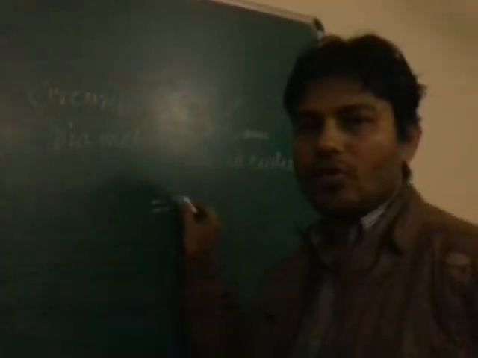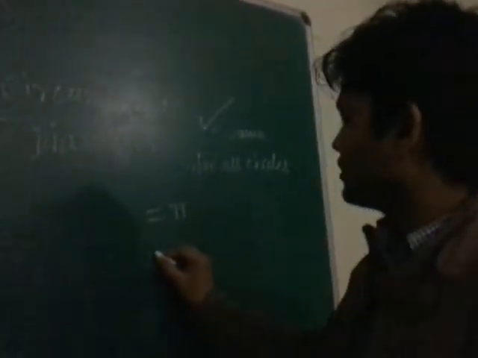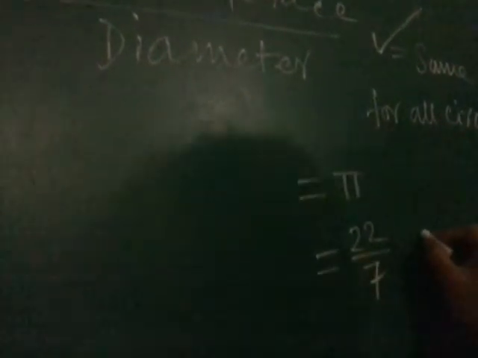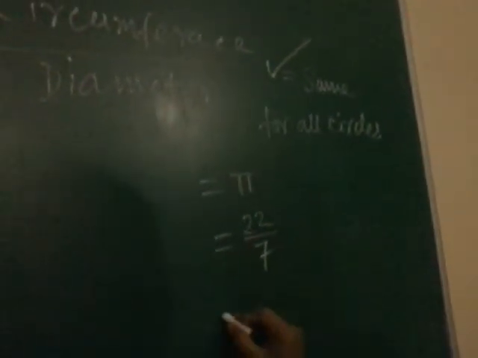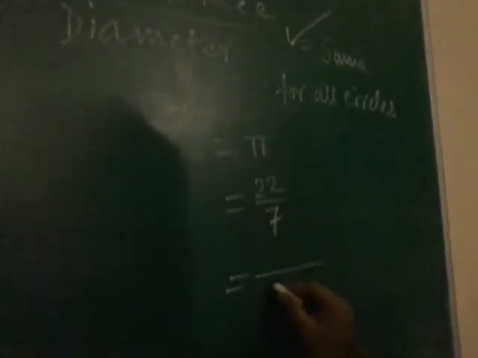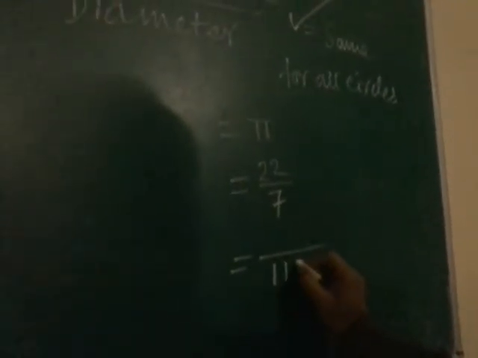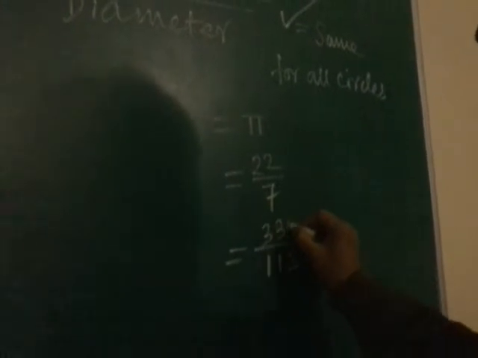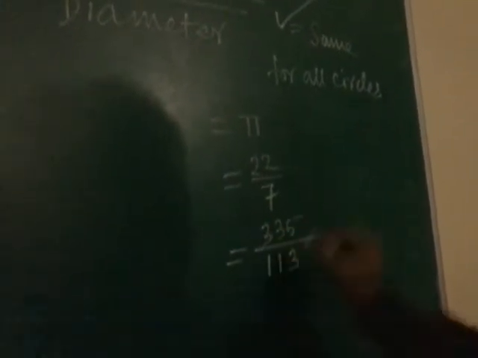The value of pi is 22 by 7, but it is an approximate value. A more accurate value is 355 by 113.